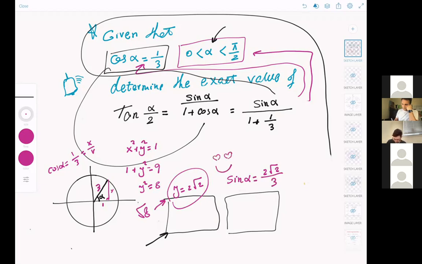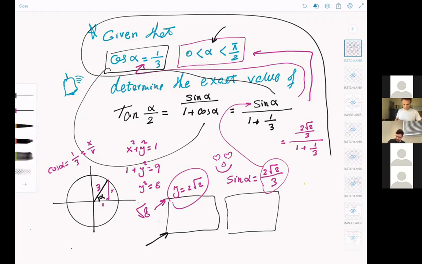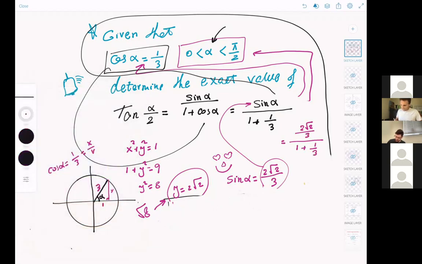You guys should love this technique. So now I plug this over here. 2 root 2 over 3, over 1 plus 1 over 3. So we have the big fraction here.